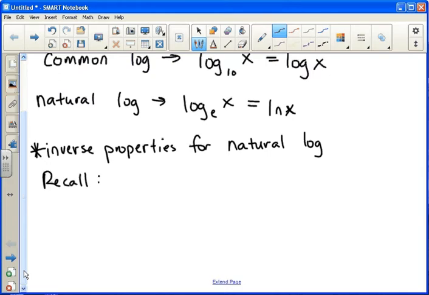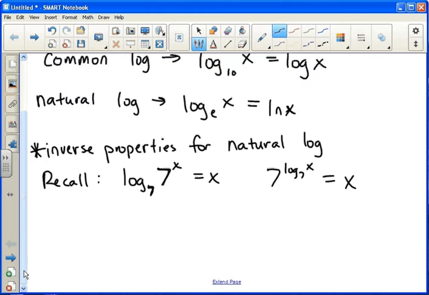If we had log base 7 of 7 to the x, that just equals x. Basically the log base 7 and this 7 cancel each other out and it just leaves the x. Or if you have 7 raised to the log base 7 of x, they also cancel each other out and you're just left with x. So that's what we saw yesterday.